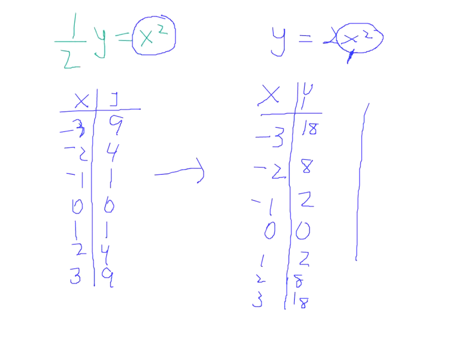So again, you can look at the graph a little bit better probably than I can. But what happens here is that if the old graph looks like that, so here's y equals x squared, then the new graph now has doubled the y values, which means it's going to be narrower.